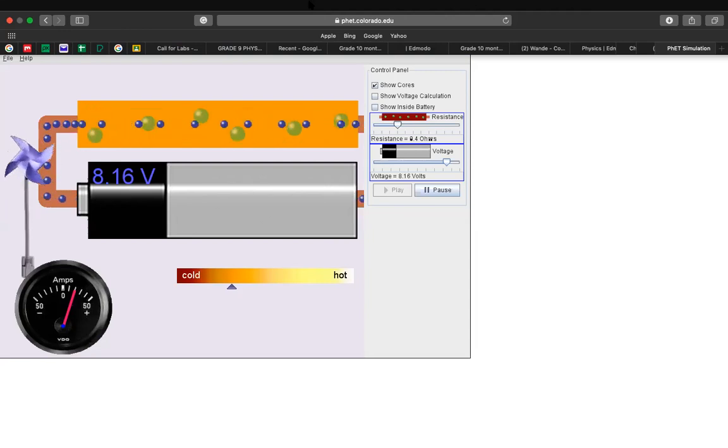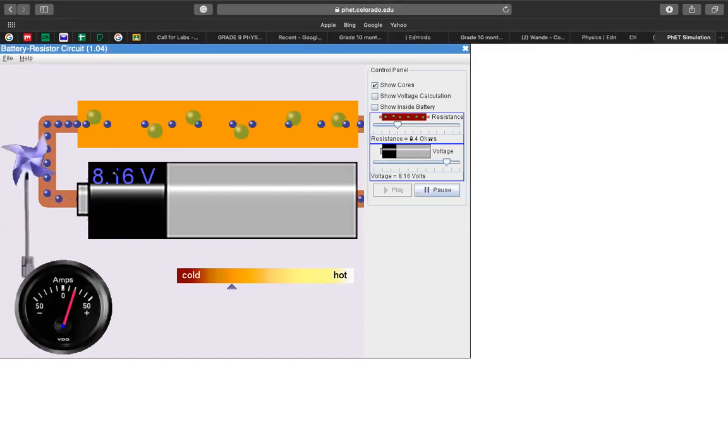Sir, the voltage represents how hot or how cold? No, the voltage represents how much power is coming out of the battery. All right, so current represents how quickly the electrons are flowing, right?